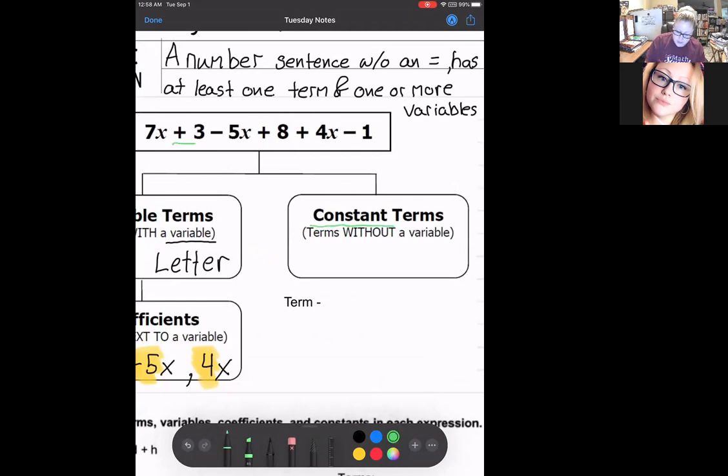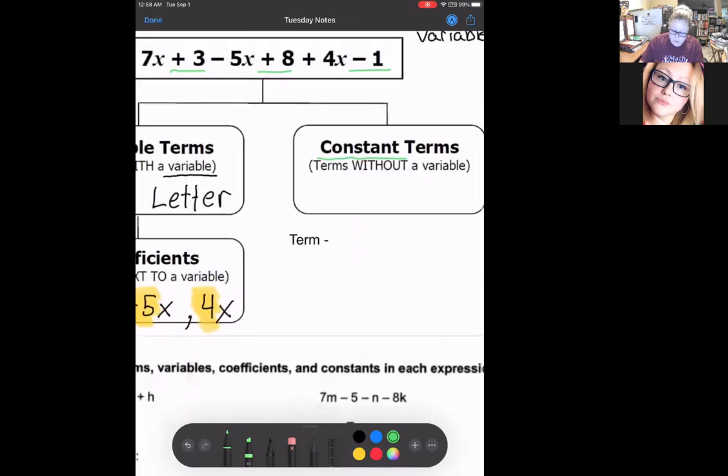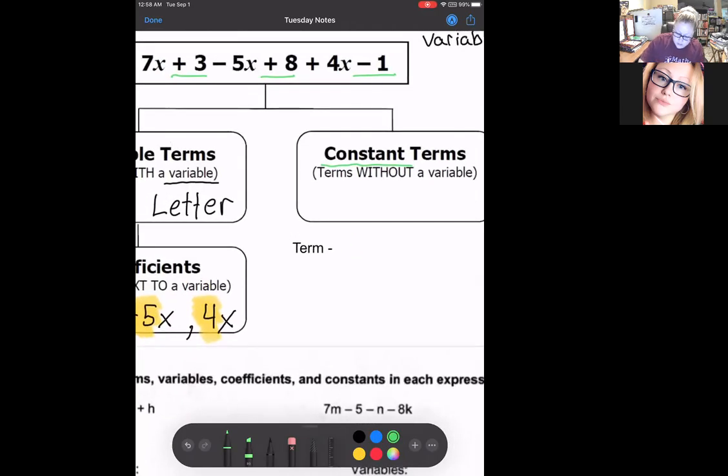Constants are that positive 3, positive 8, and the minus 1. Now I'm going to put the plus 3 and the plus 8 for now, just to make sure that you know for sure. But a number that is by itself is a constant, because there's no letters attached to it. There's no variables. Pause if you need to.